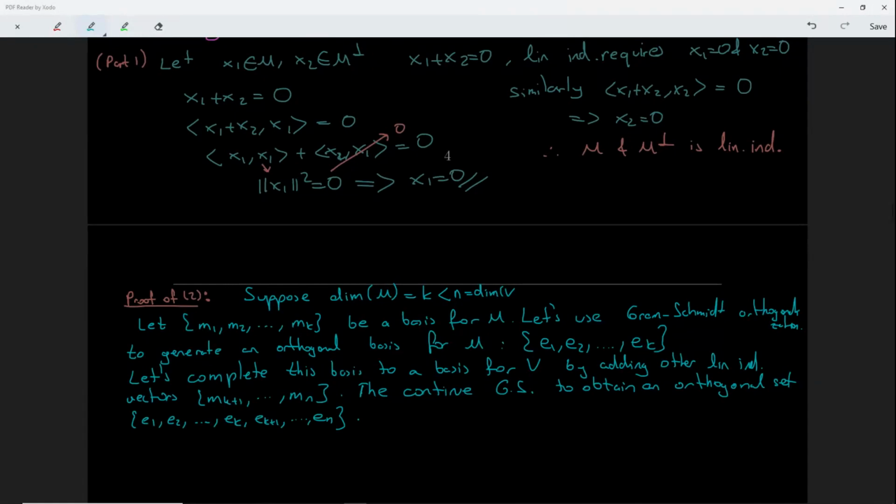So note that the first k ones are actually an orthogonal basis for M, and the other ones are some other vectors that we are not showing and we are not claiming anything about, right?